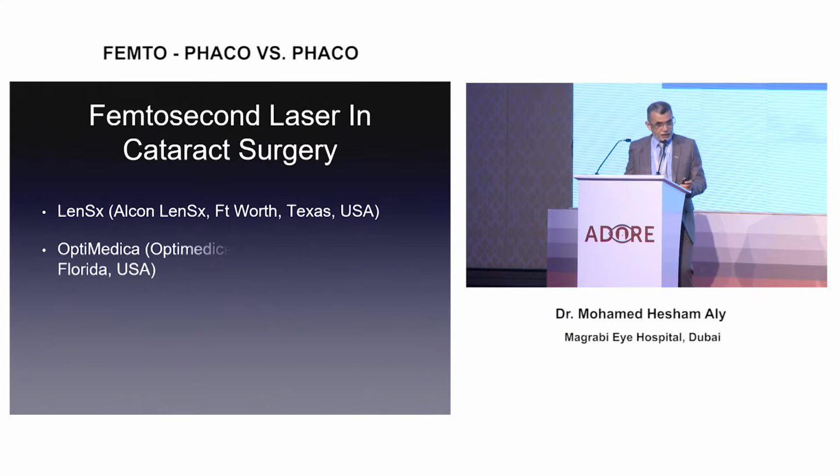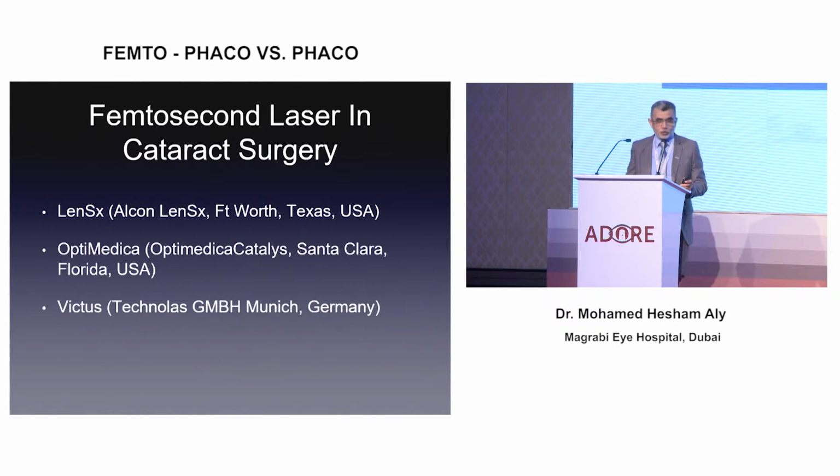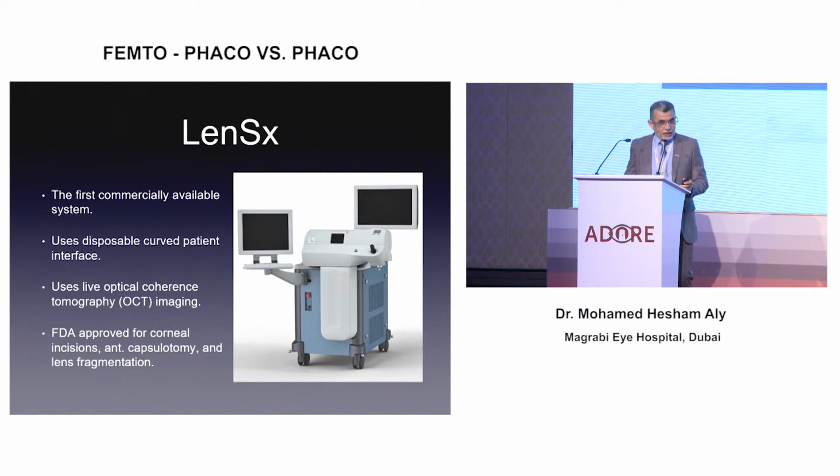We have 3 or 4 main platforms for this. Of course, we have lots, but the main platforms right now are LenSx, Optimedica, Victus, and LENSAR. The LenSx was the first commercially available femtophaco machine, and uses a disposable curved patient interface. We call it a PI, patient interface.